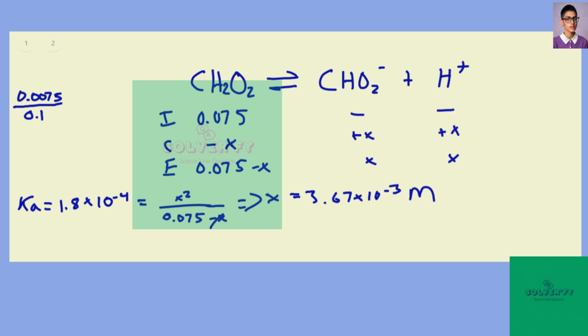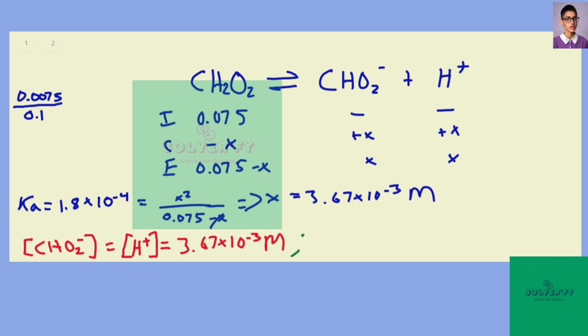So this here is, let's write in red, the concentration of CHO2 minus, which is equal to the concentration of hydrogen plus, which is now, as we calculated, 3.67 times 10 to the minus 3 molar.